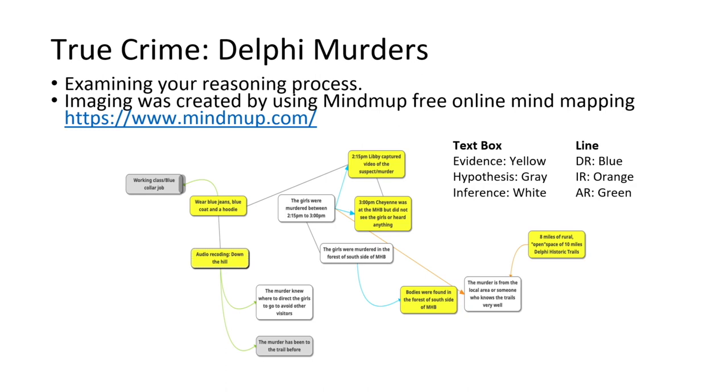After I analyzed my reasoning process, I realized I used a lot of abductive reasoning, where I used very limited evidence plus my creativity to come up with a hypothesis that I thought was the correct conclusion.